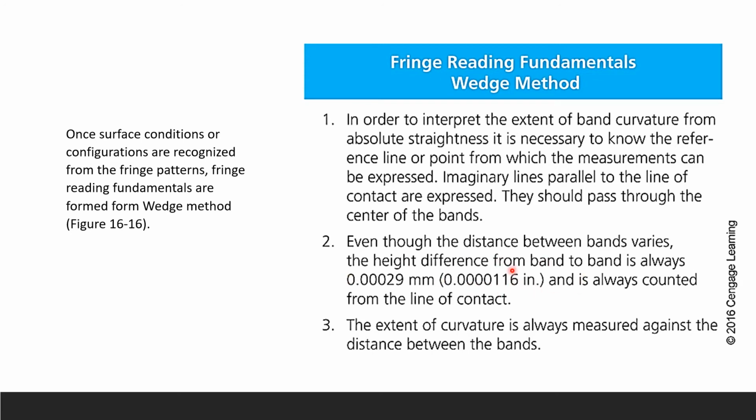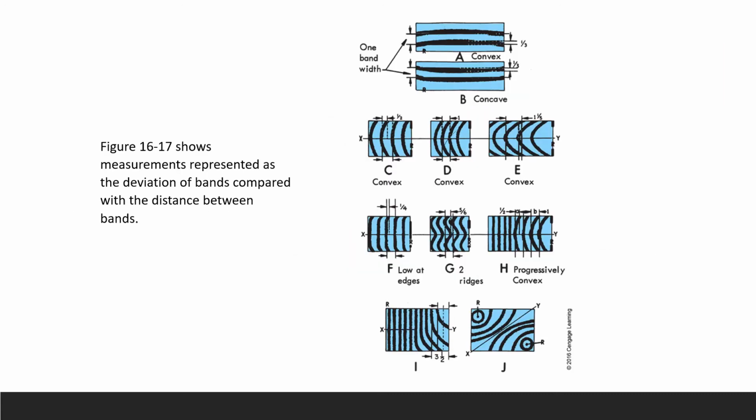You can convert it, okay? You can use a conversion from Google. And it's always counted from the line of contact. And the third fundamental is the external curvature is always measured against the distance between the bands. So anyway, if you know a little bit, that's fine. So that's your fringe reading fundamentals by using our air wedge method.